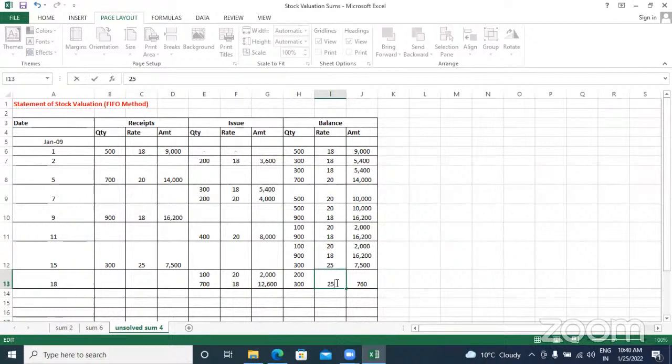So we will write the same. 300 into 25 was how much? 7,500. That will be the same, because nothing has been issued. And the value of 900 was?